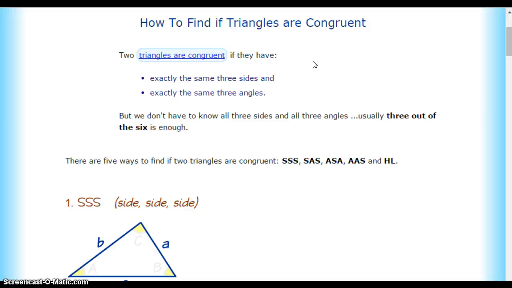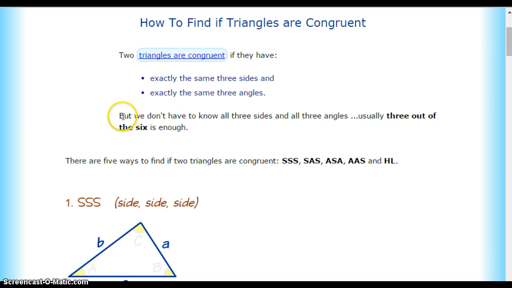Do you guys agree with that? If 2 triangles have the same 3 sides and also exactly the same 3 angles, can you say that those 2 triangles are congruent? And I think yes, and hopefully you guys all understand that yes, if that's the situation, those 2 triangles are congruent. I hope you guys can come to that conclusion and agree with that.